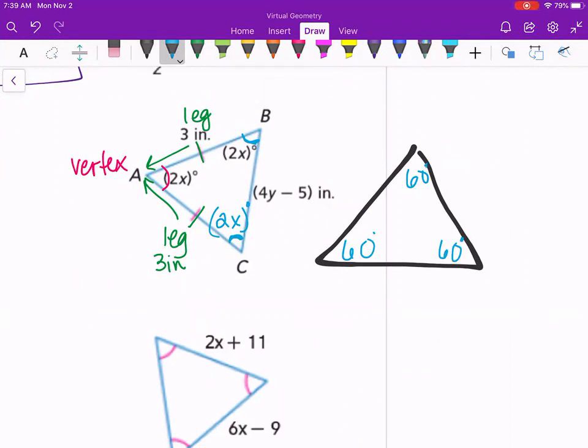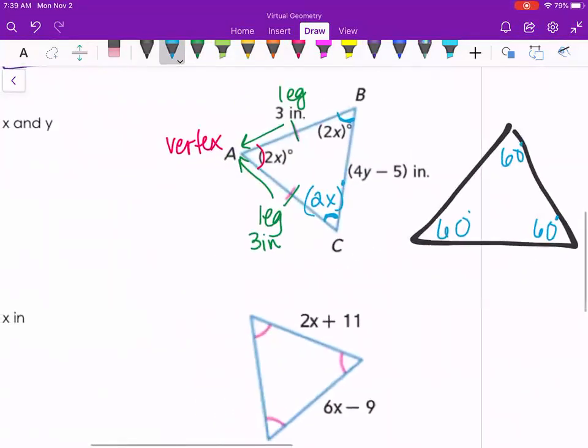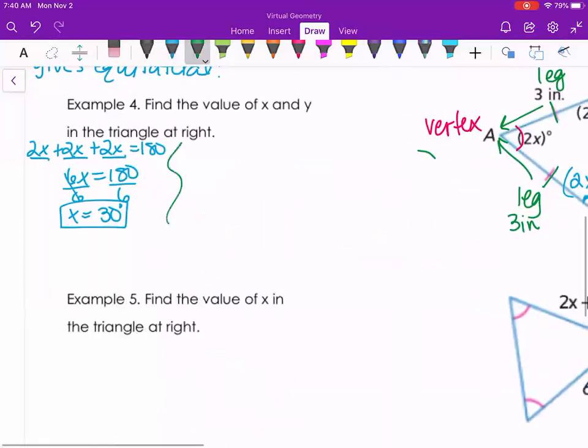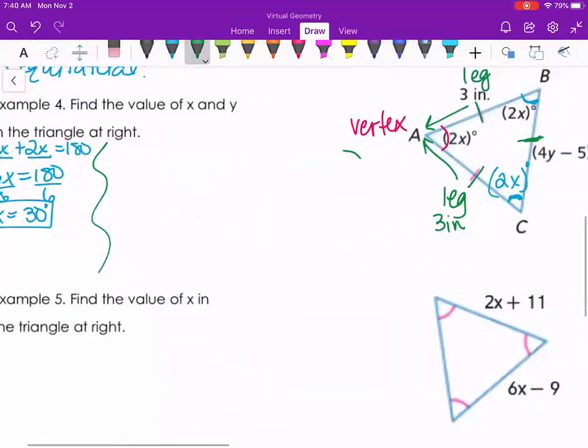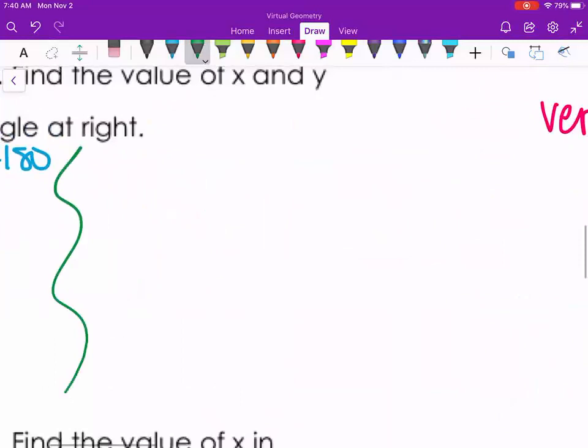So that means this is an equiangular triangle, which means all sides are the same. So that means 4y minus 5 is congruent to one of those sides that we thought were legs. So those two should be congruent and equal as well. So 4y minus 5 equal to 3.